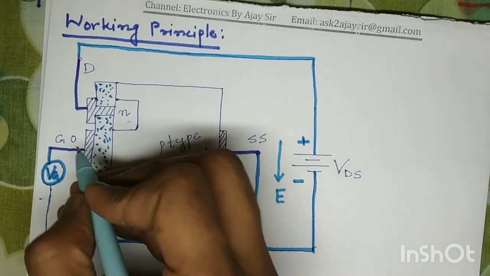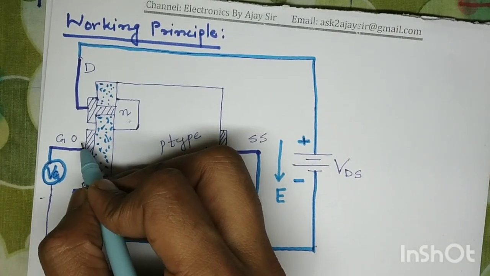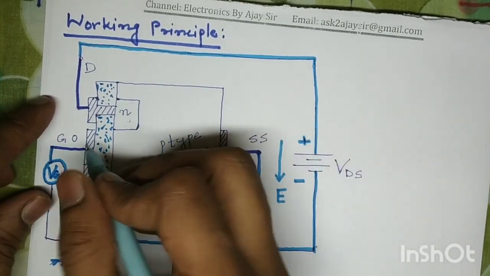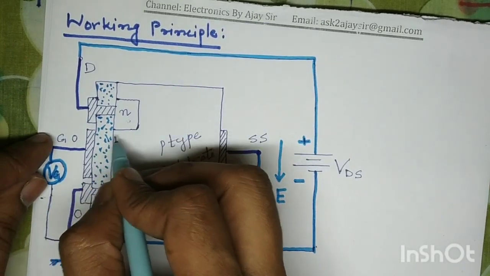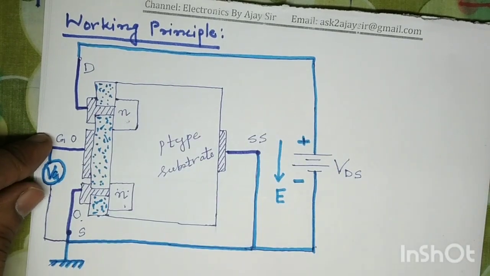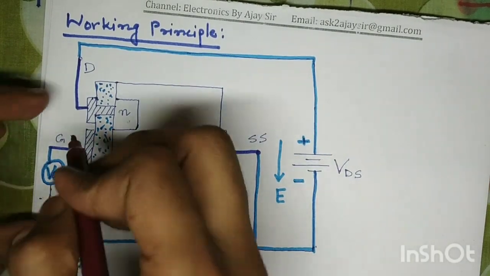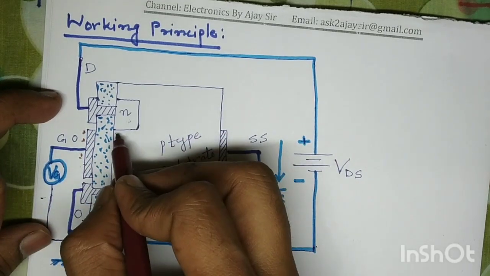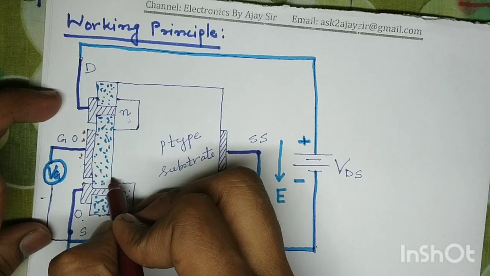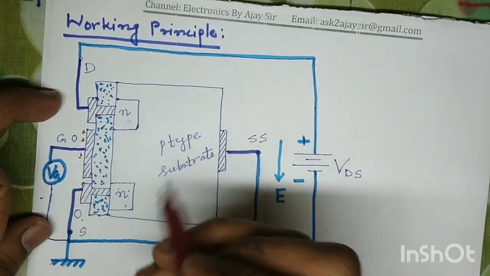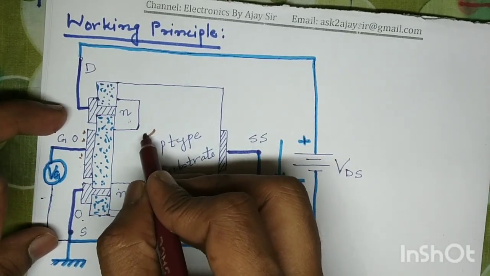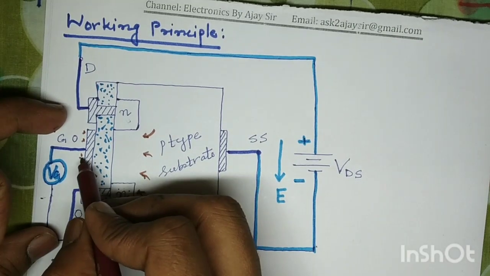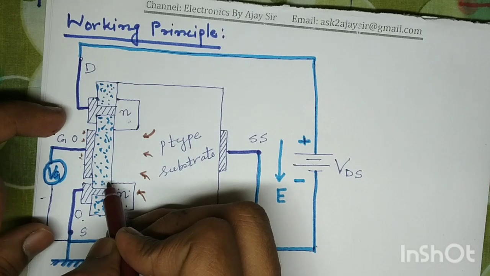Now what will happen if I apply some small positive potential here? Some small positive potential, let's suppose 0.1 or 0.2. बहुत छोटा सा अगर हम पॉजिटिव पोटेंशियल गेट में अप्लाई करेंगे तो ये स्लाइटली पॉजिटिव होगा. स्लाइटली पॉजिटिव होने के कारण यहाँ पर जो इलेक्ट्रॉन्स एक्यूमुलेट होंगे, यहाँ पर जो इलेक्ट्रॉन्स अट्रैक्ट होंगे ड्यू टू दिस पॉजिटिव पोटेंशियल इज वेरी स्मॉल.